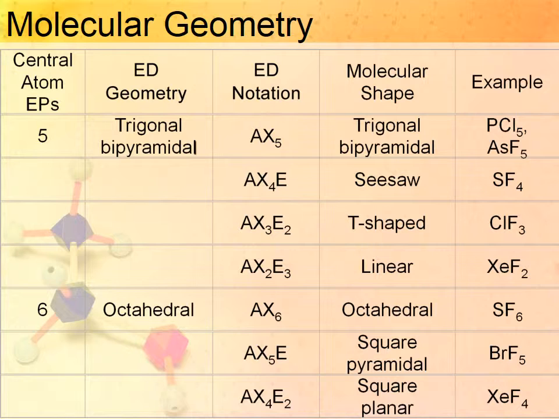With 6 electron pairs, that gives rise to the octahedral structure, and we're only going to look at a total of 3 molecular geometries, as you can see here.